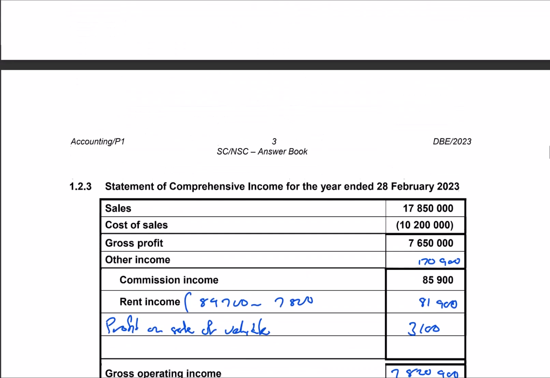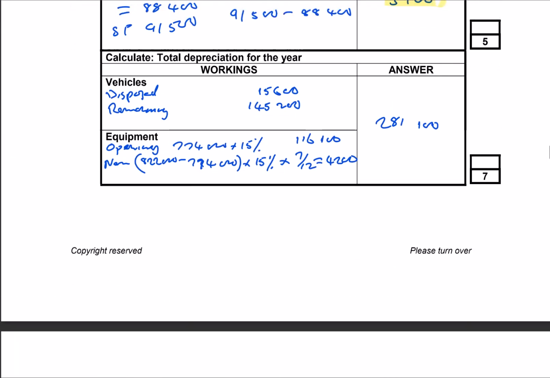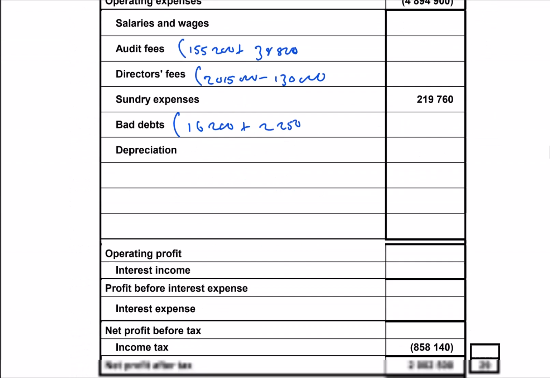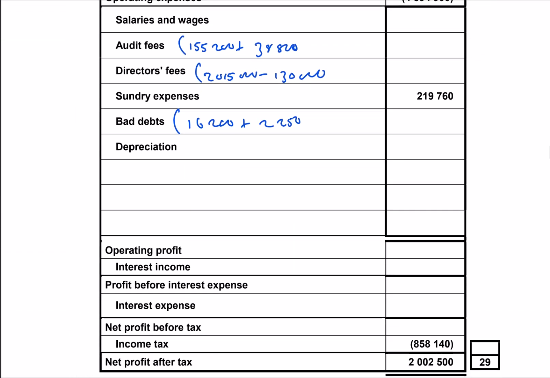Depreciation, we calculated it to 281,100. Right, and then the next one, provision for bad debts. That's an increase.